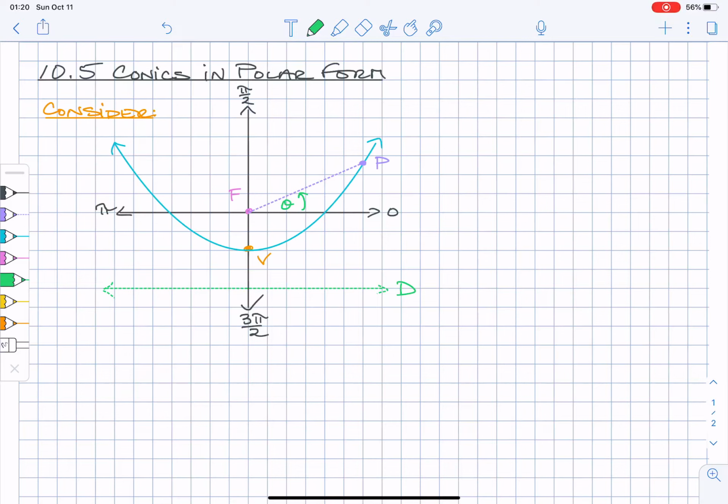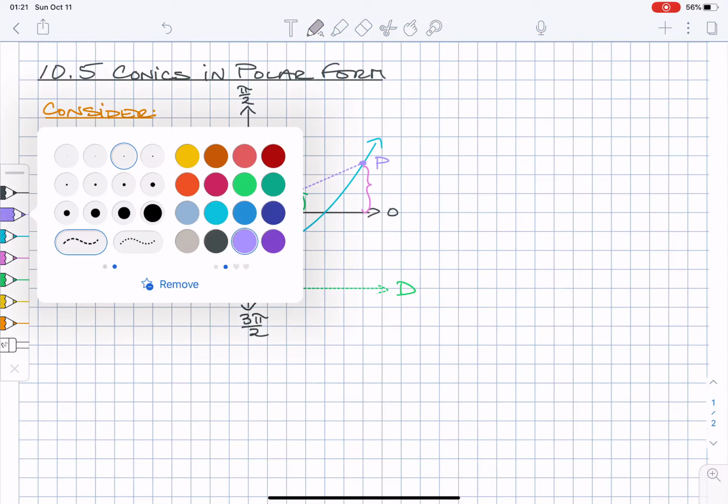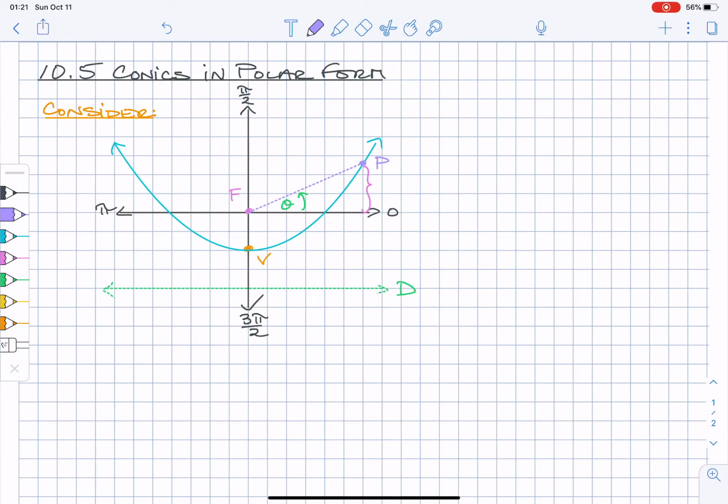I'm going to call the distance here. I claim that this distance is r, if this is my radius. So say we've got a radius from F to P. I claim that the y coordinate is going to be r times sine of theta.